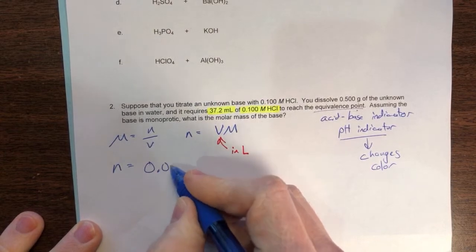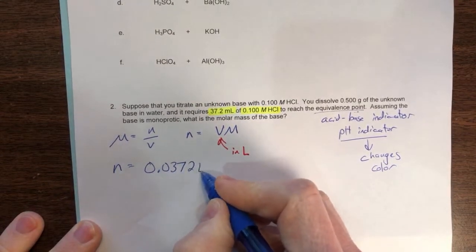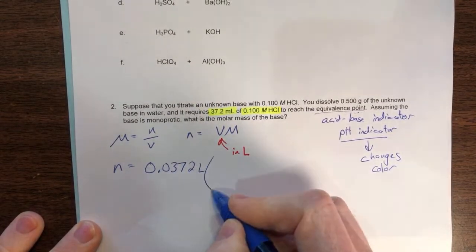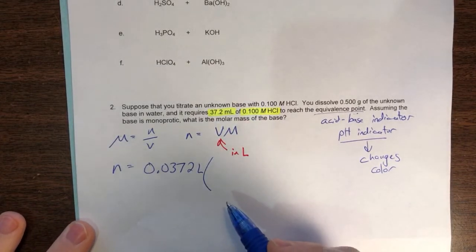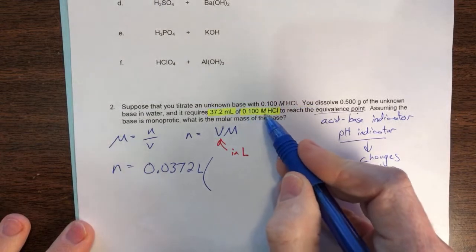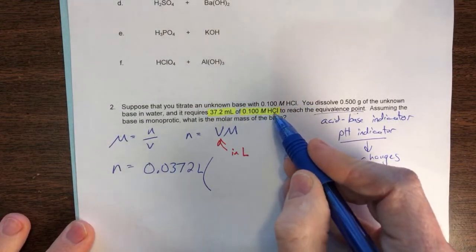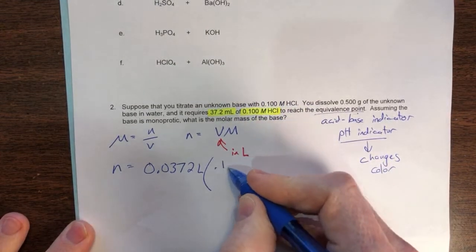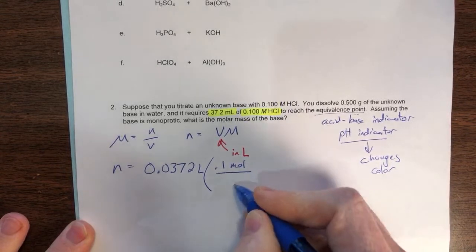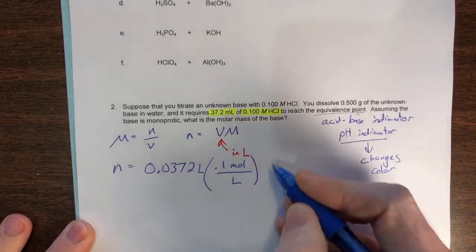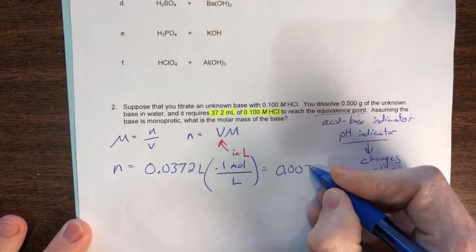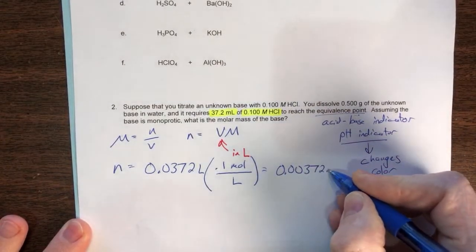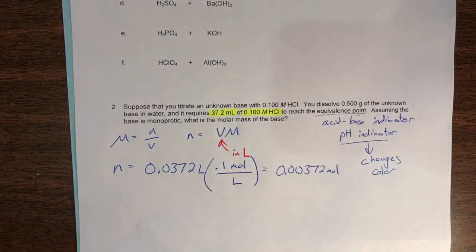That's going to be 0.0372 liters. That's our volume. And your molarity is essentially like a conversion factor. So we have 0.1 molar or 0.1 moles per liter HCl. So it's going to be 0.1 moles per liter. I'll just move that decimal point. That's going to be 0.00372 moles. Okay? That's your first step.